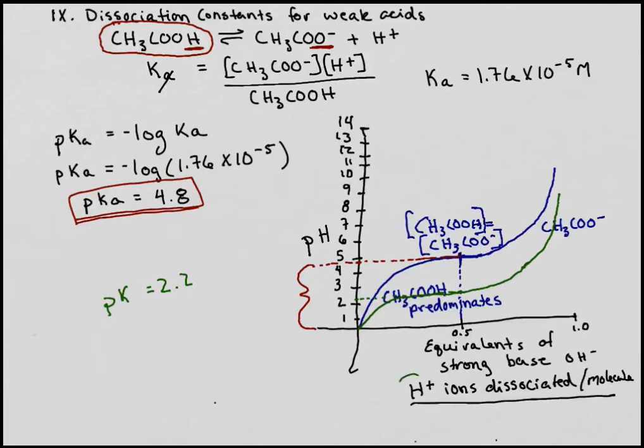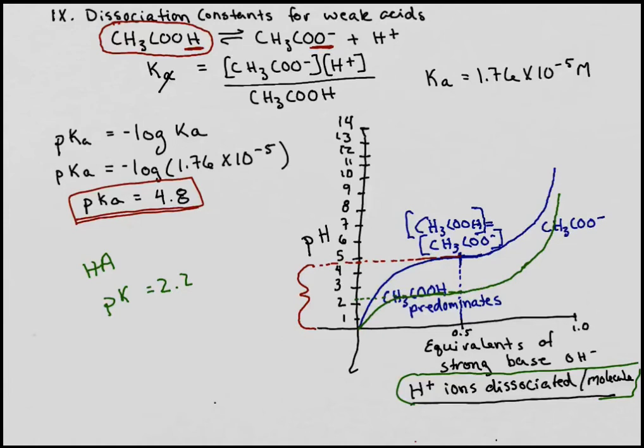So you can see why ions dissociated per molecule is also a good measure for this x-axis. So at this point, what we see for our fictional acid, let's call it HA.